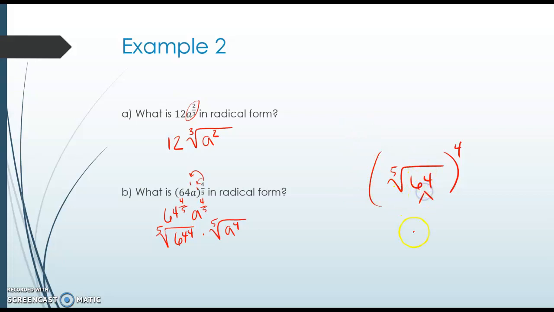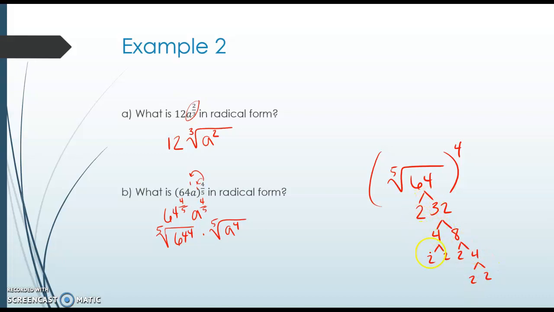So let's find the 5th root of 64. I know that 2 definitely goes into it, 32 times. And I know that into 32 we have 4 and 8. And then 4 is 2 and 2, and 8 is 2 and 4. And then we have 4 is 2 and 2.